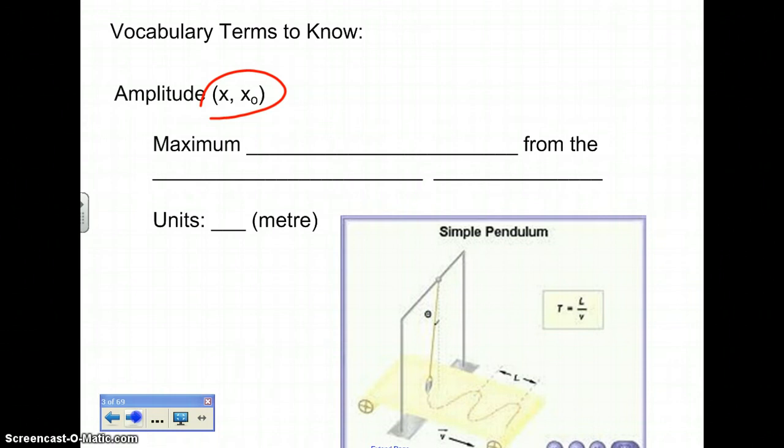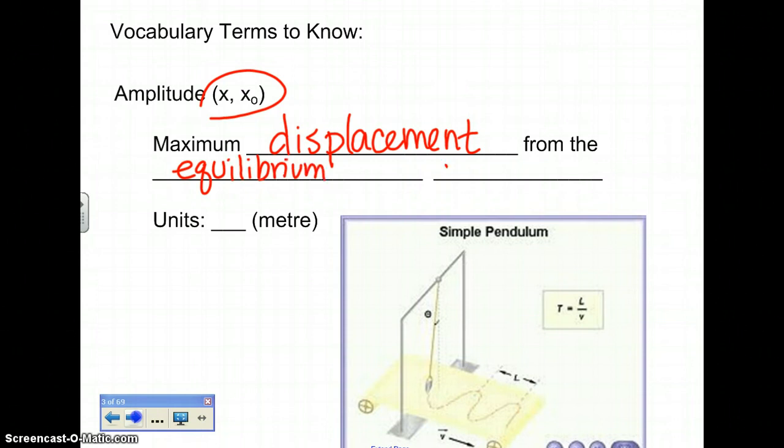Definition here is maximum displacement from the equilibrium position. So how far did you pull this string back?